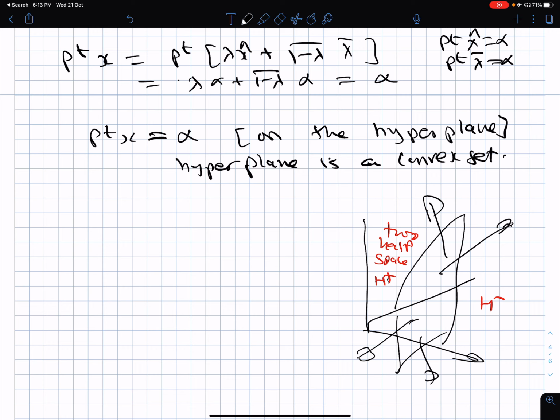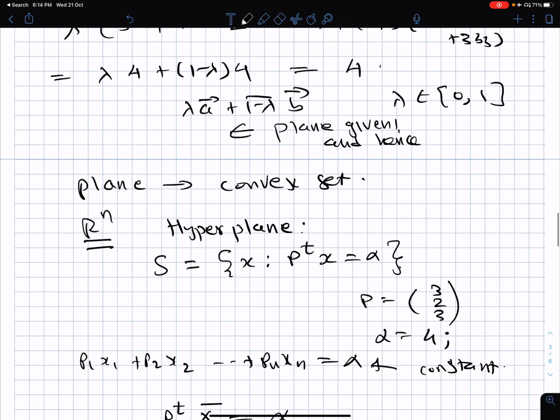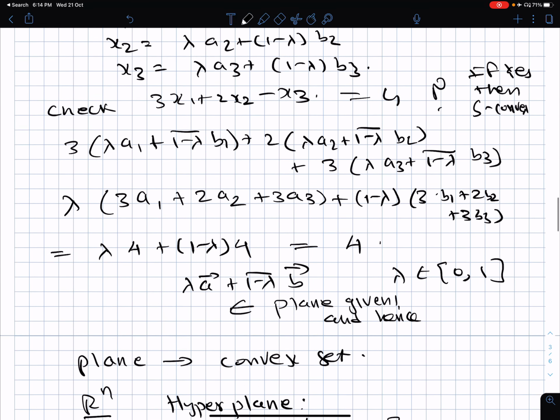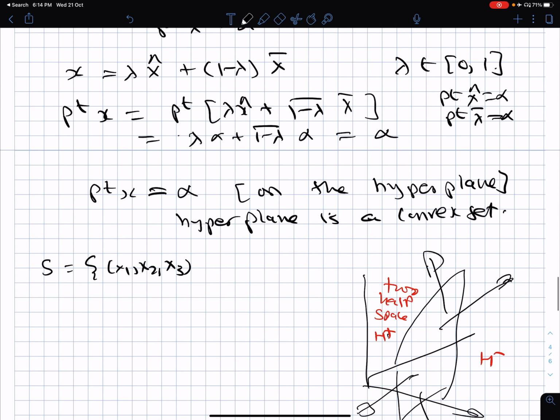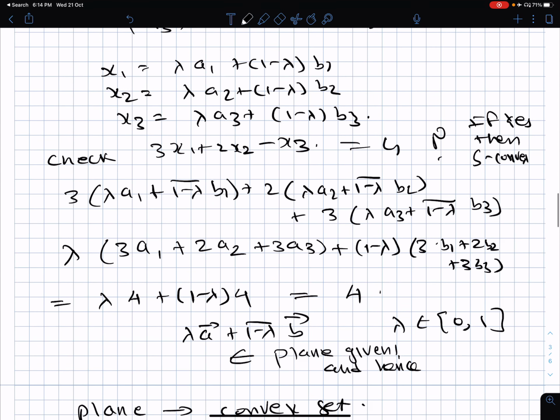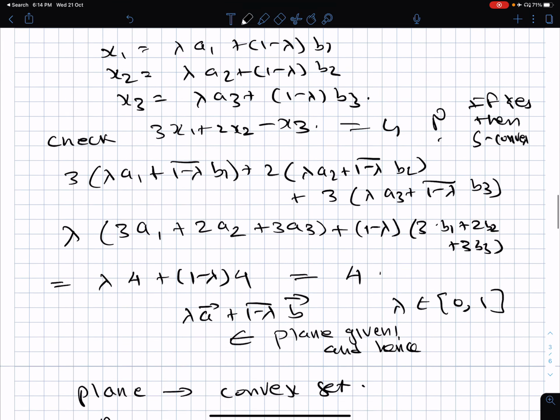So similarly, what I mean to say is that in the previous example, x1, x2, x3, what was my 3x1 plus 2x2 minus x3 less than or equal to 4.